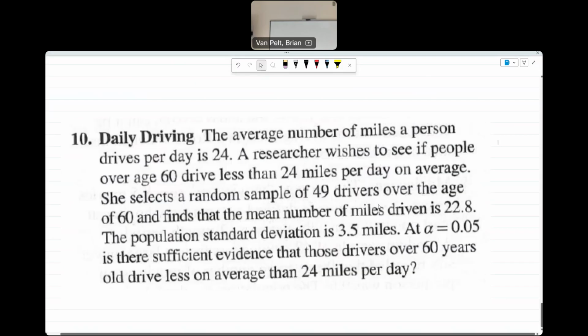Everybody know what style problem this is? What do you say? Sigma's known, right, exactly, sigma's known.